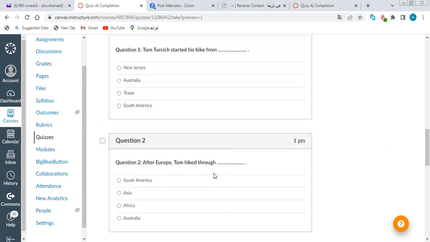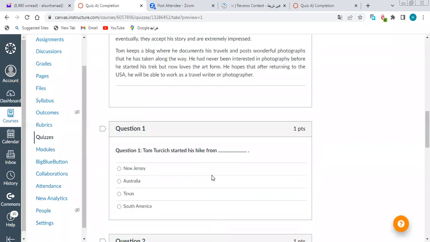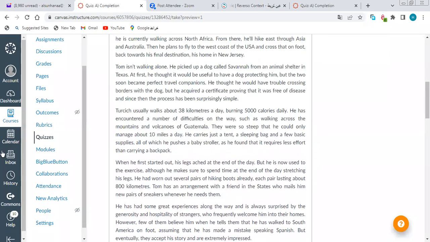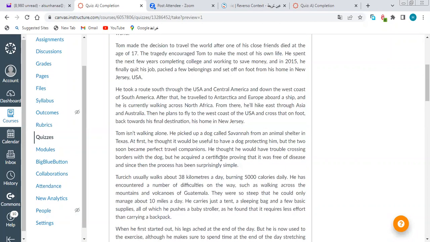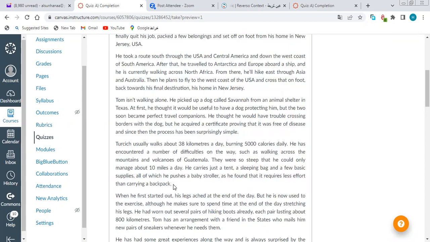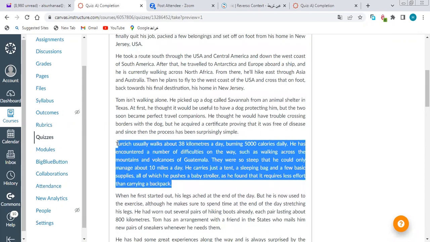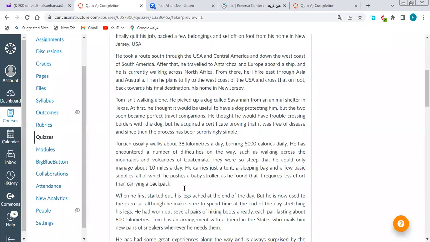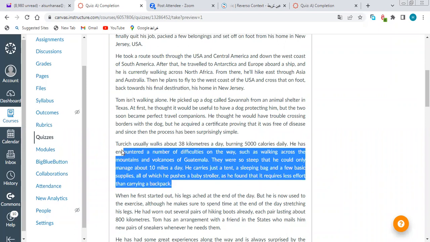We will go quickly to the paragraph including Guatemala. As you see here, this is the paragraph including Guatemala. So tell me, how far did he walk a day?